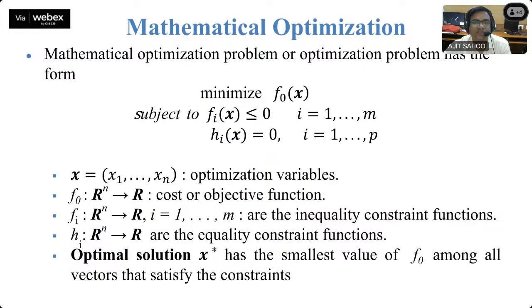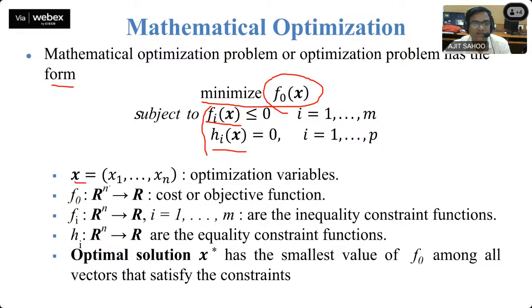In mathematical optimization, an optimization problem has the form: minimize f0(x) subject to fi(x) less than or equal to 0, hi(x) equal to 0. This is called the objective function, and these two are called constraints. We have to find the minimum value in the presence of these constraints.